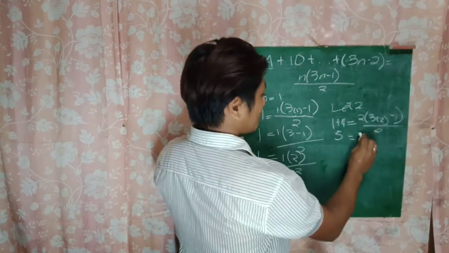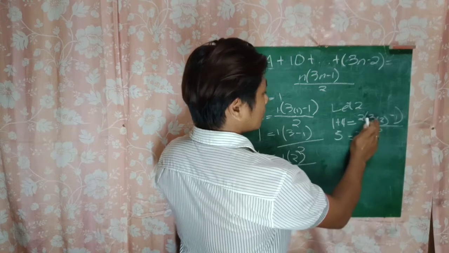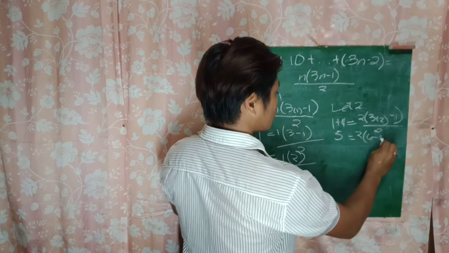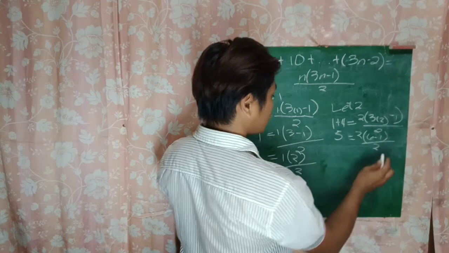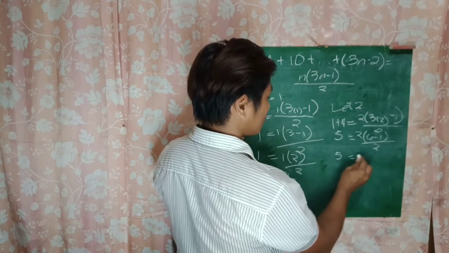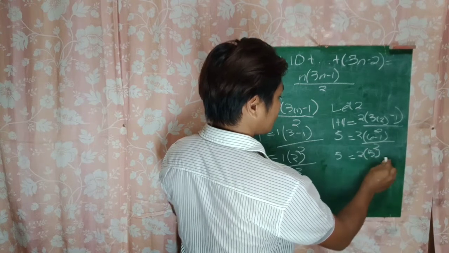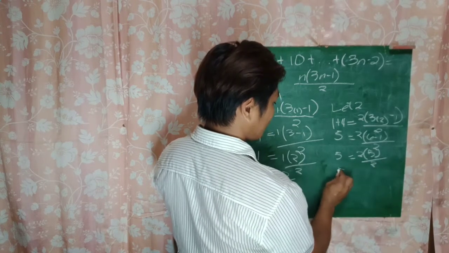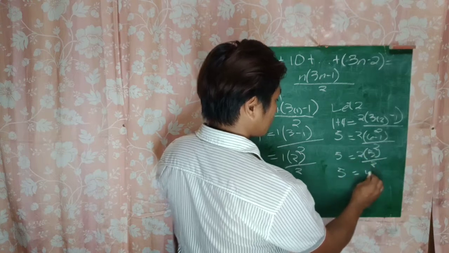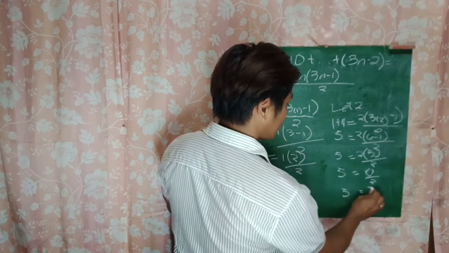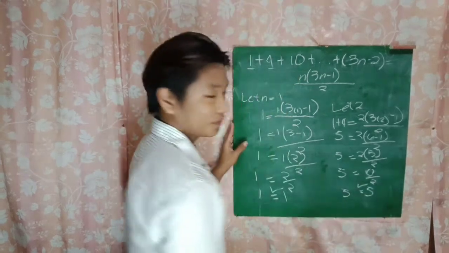So we copy the 2. Since 3 times 2 is 6 minus 1 over 2. So 5, 2 times 5 over 2. So we have 5. 5 times 2, 10, divide 2. So 5 equals 5, they are equal.